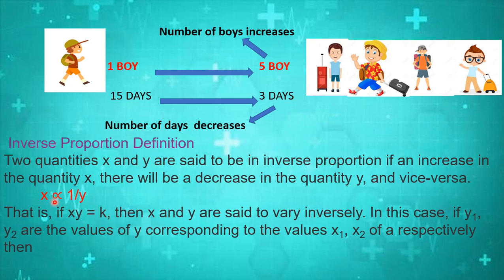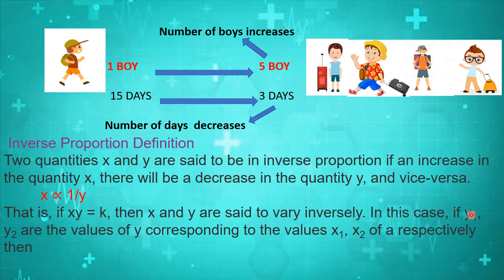When we replace the proportion sign by the equal to sign, we have to place the constant. So xy equals k. Then we can say that x and y are said to vary inversely when xy equals k, or the product of the two quantities is constant.